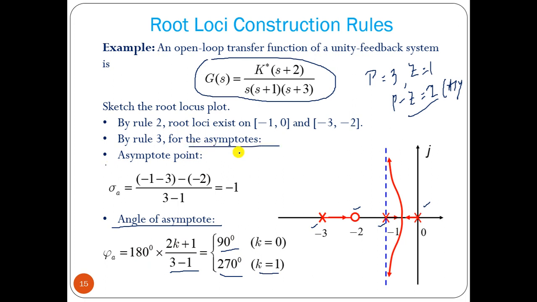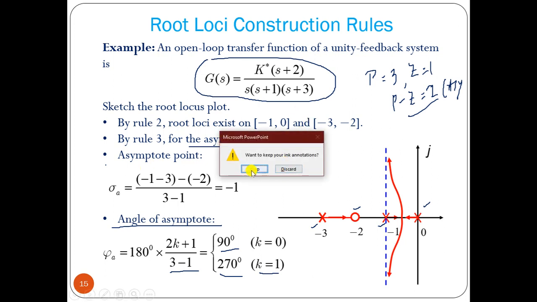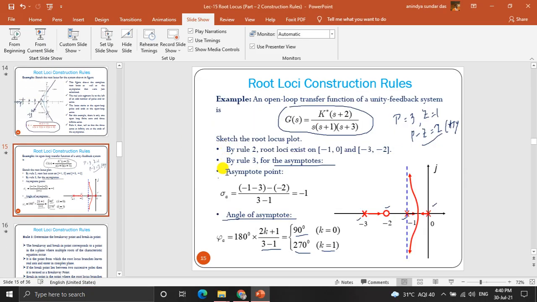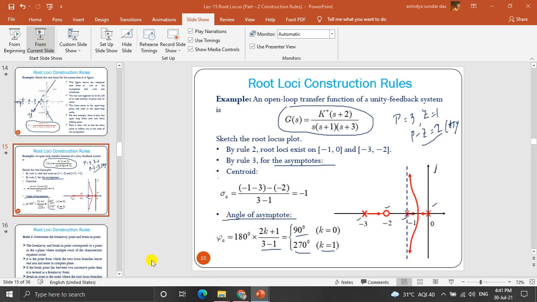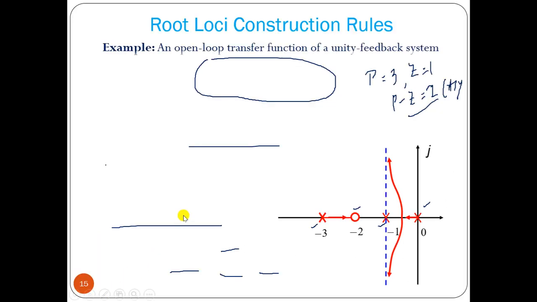Okay, for the asymptote, what is the asymptote point, or say centroid? Let me write here, this is the centroid. What is the value of centroid?